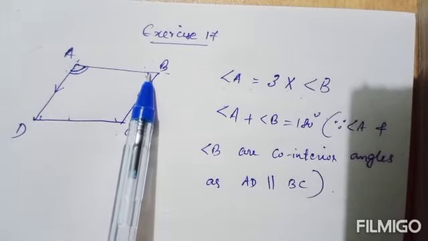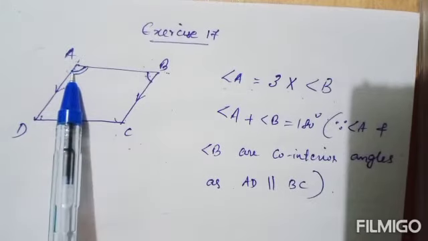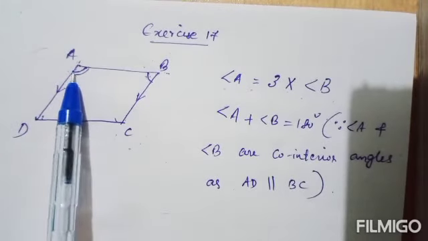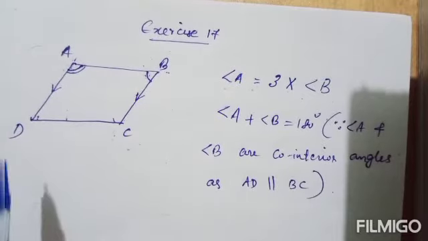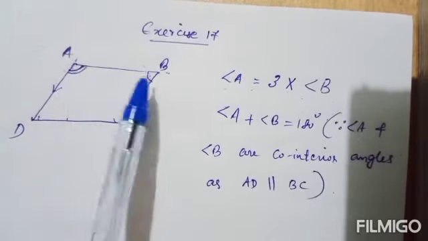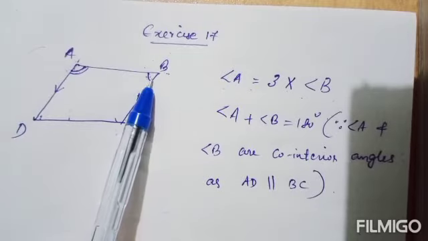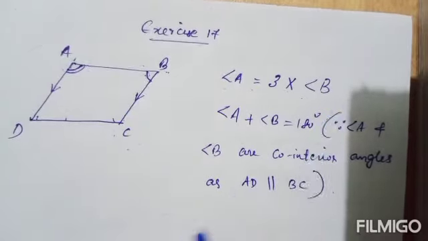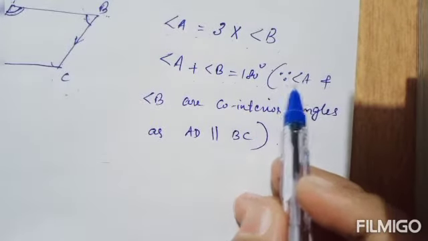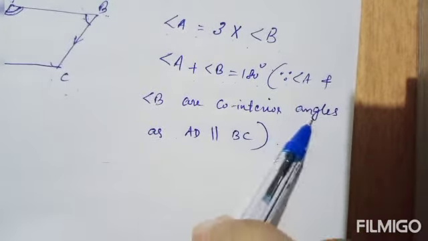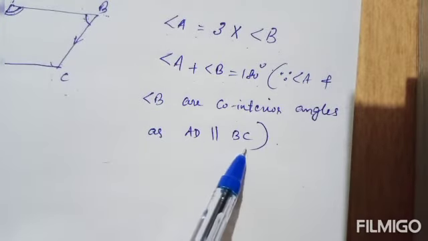We have the property of parallel lines, that the sum of co-interior angles is 180 degree. In your 6th standard textbook you have studied this. So angle A plus angle B equal to 180 degree here.